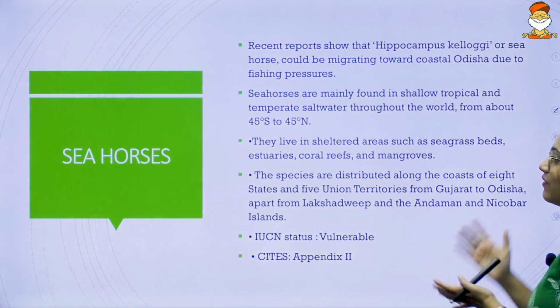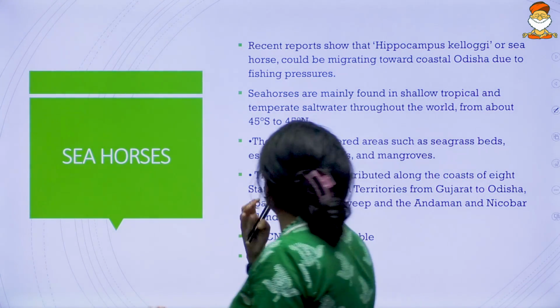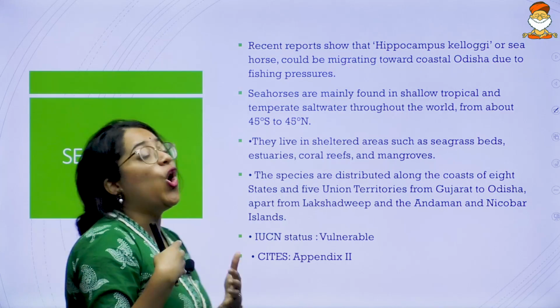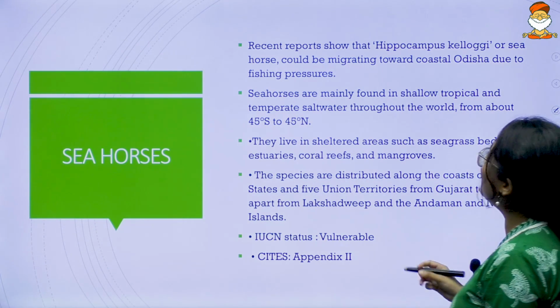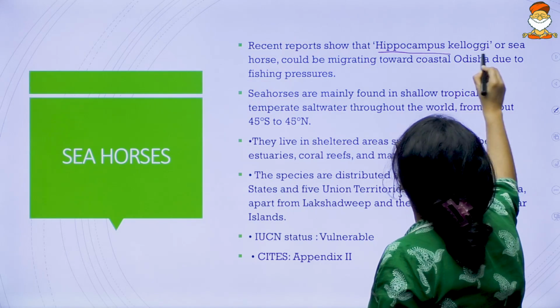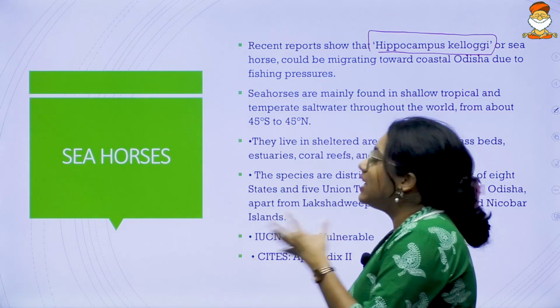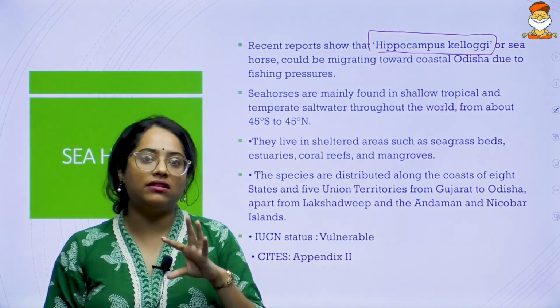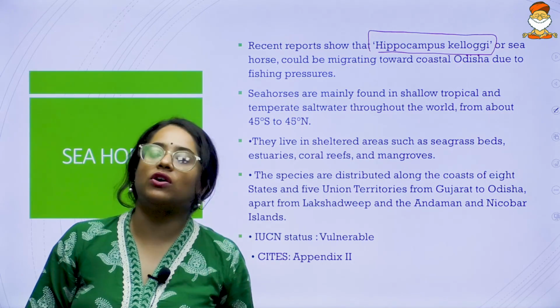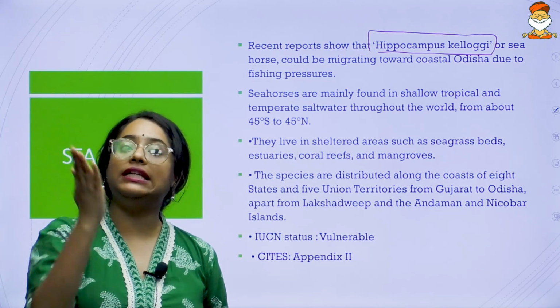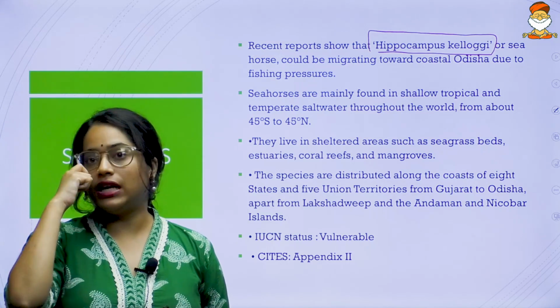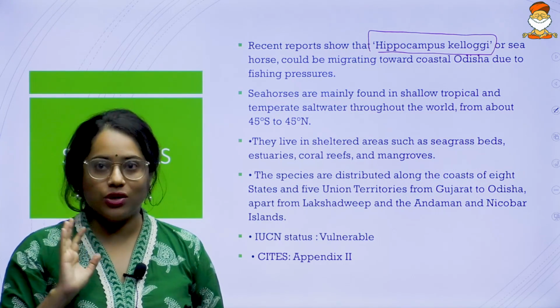The first thing that we have to discuss is a species called seahorses. Seahorses, scientific name Hippocampus kelloggii, were in this year's news primarily because there's a migration trend towards the eastern coast of India, specifically the Odisha coast.